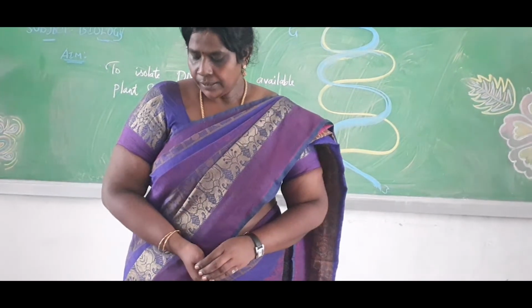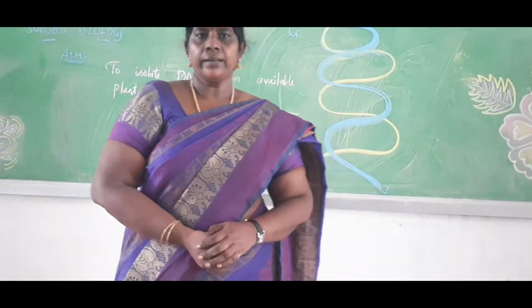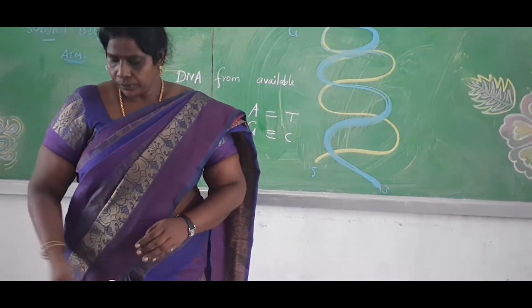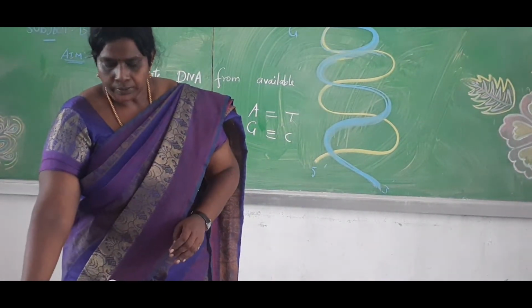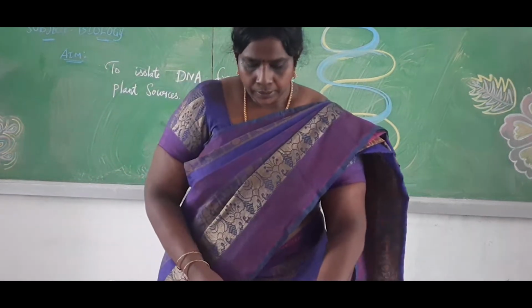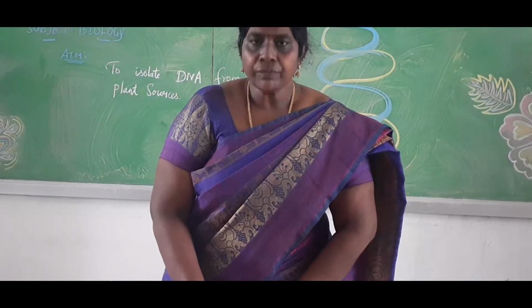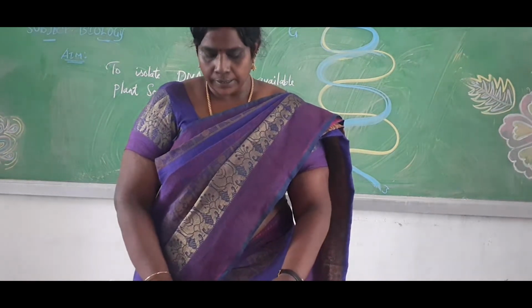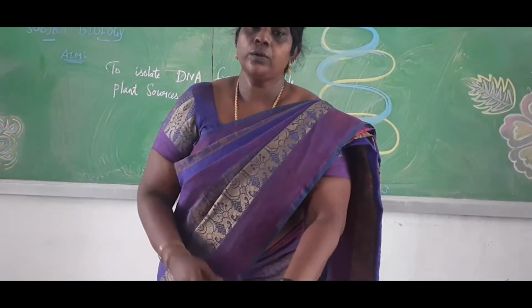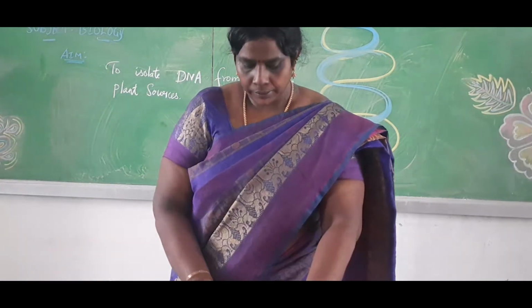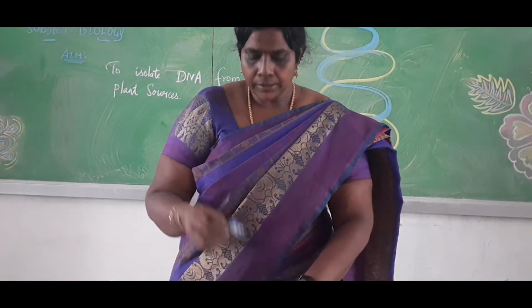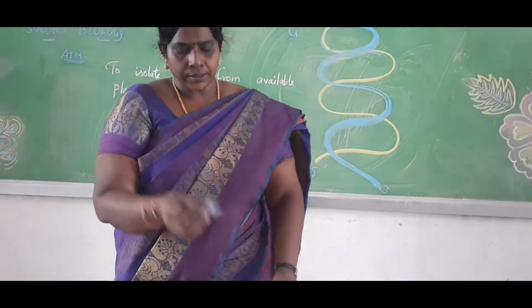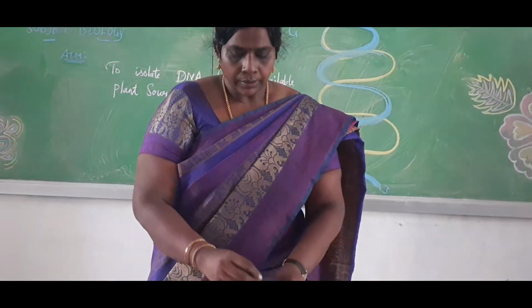Let us do the demo now. First we take the materials needed for the experiment. We can take any plant resources like fruits, even guava, strawberry or banana, or flowers or fresh leaves.